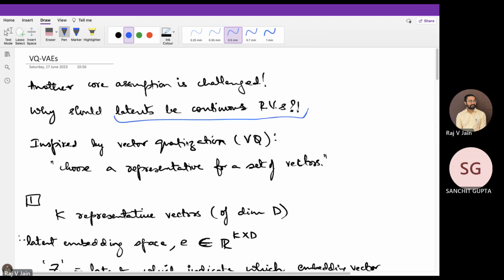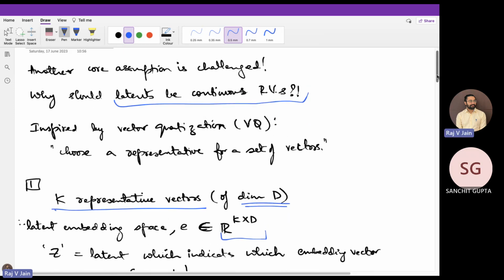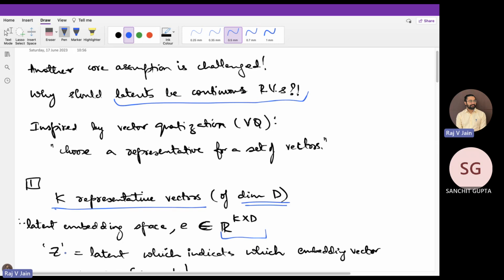There are several ideas in this paper. We'll go through one by one. First thing is you choose some k representative vectors, each of dimension d. So your latent embedding space is R^(k×d). The latent z is a discrete variable which tells you which embedding vector you will choose.